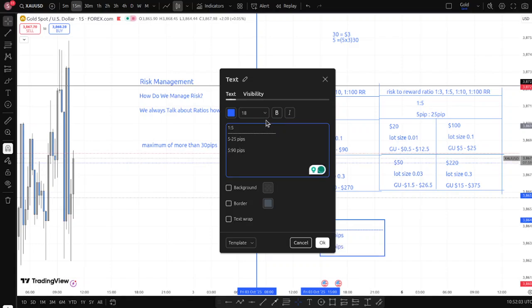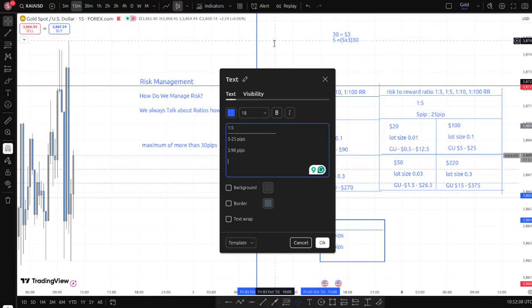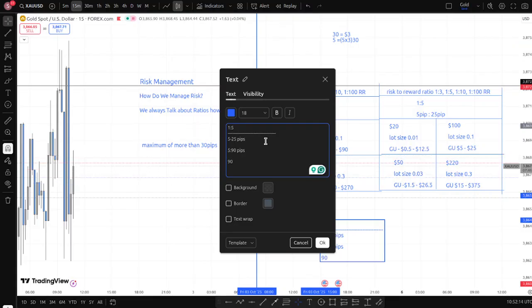Haya. If 1 to 5 ni 25 pips, hii na hii. So kenye tutafanya ni tutachukua 90 tuweke by 5, which yote itakuwa chini ya 25 by 5.